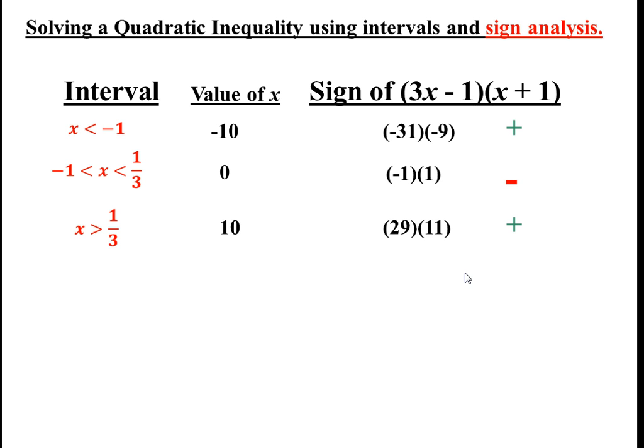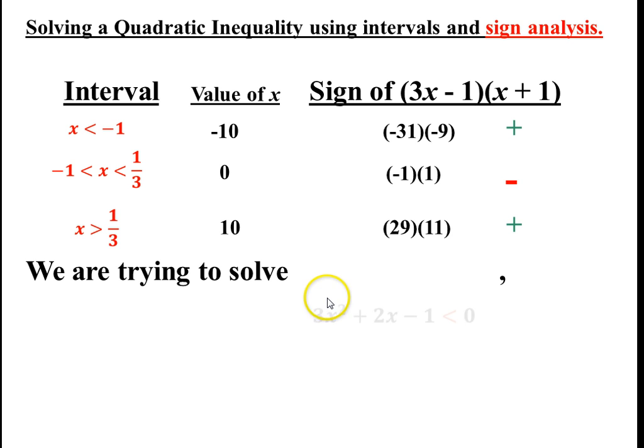So with sign analysis, if we remember what we're trying to do, we're trying to solve this inequality: 3x squared plus 2x minus 1 is less than 0. In the interval we want, we need a negative sign because we want this thing to be less than 0. Obviously, positive signs would be greater than 0.